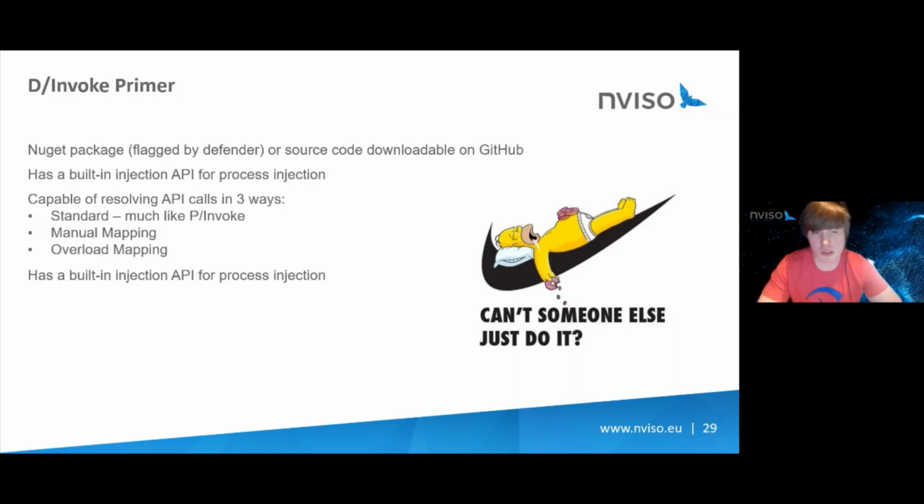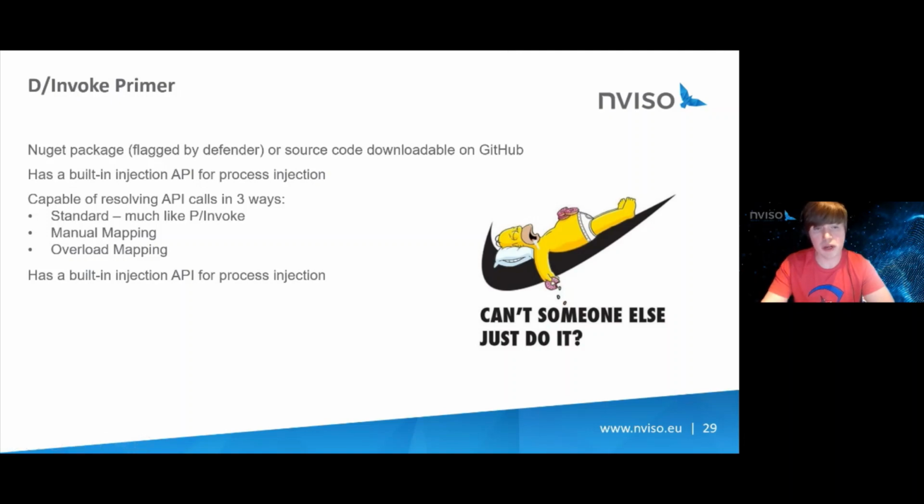So it's quite cool, but it doesn't really help you to defeat EDRs, for example. It does have manual mapping, which is something I will talk about. And it does have overload mapping as well. Overload mapping would be the functionality that you use for the deception part of dinvoke, but that's out of scope of this talk right now.